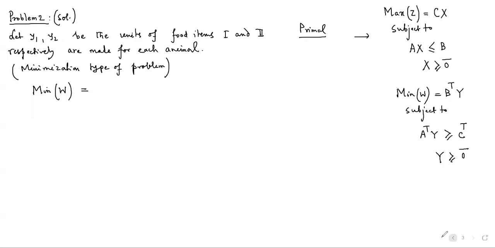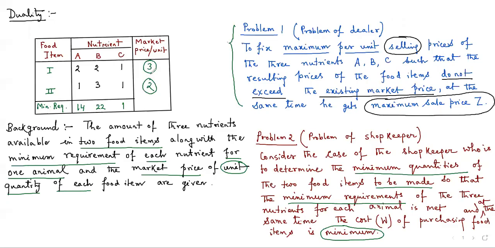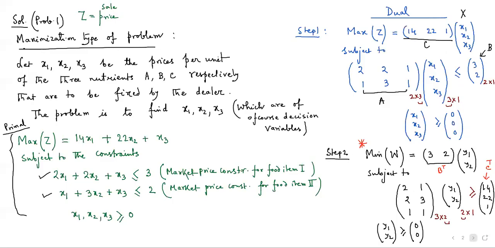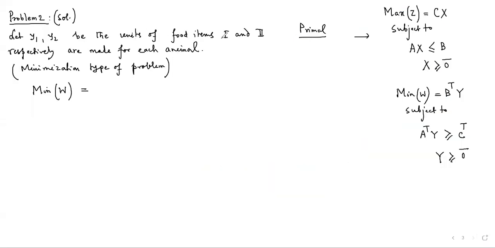And you see, just look at the table. The market price per unit of food item 1 is 3 and for food item 2 is 2. We have considered y1 and y2 as the units of food items 1 and 2.